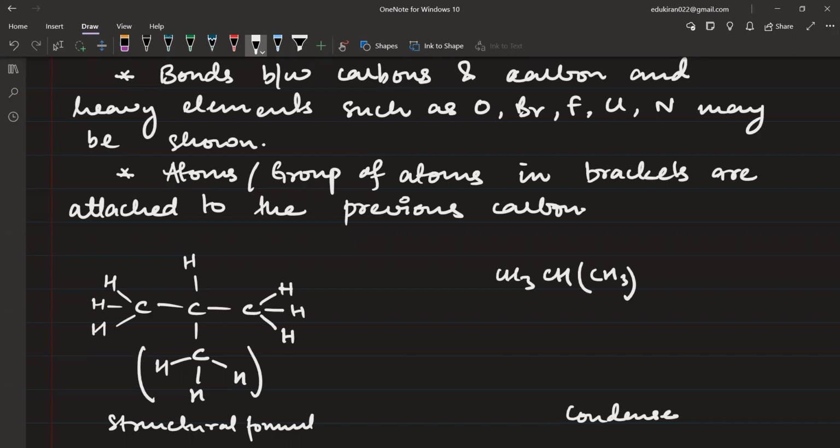Atoms or groups in brackets are attached to, ये CH3 किससे attach है? To the previous carbon atom. Then further, we have just CH3. Or you can write this also as CH3CH, CH3, CH3. ठीक है, both of these are fine.